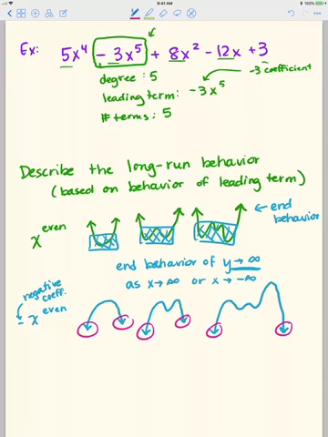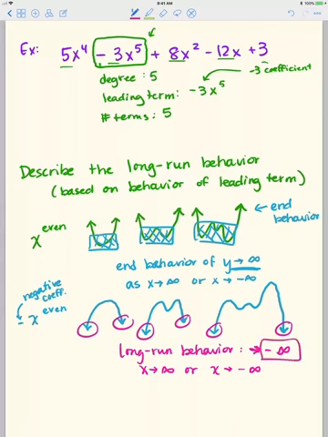If it's a negative coefficient with an even degree polynomial, the long run behavior of the function will go to negative infinity, whether x gets really large in the positive sense or in the negative sense. For that shape where it points down, the behavior is negative infinity.